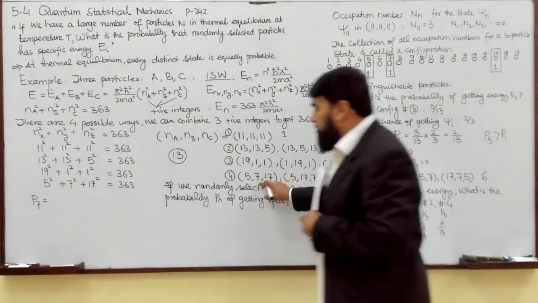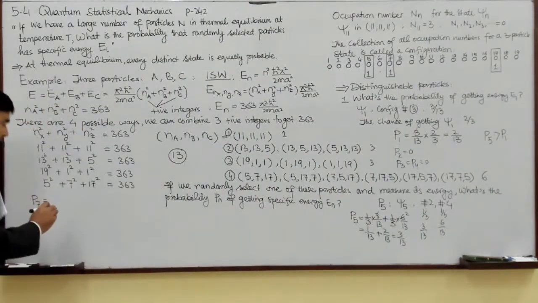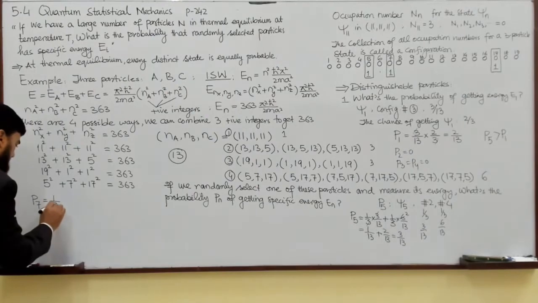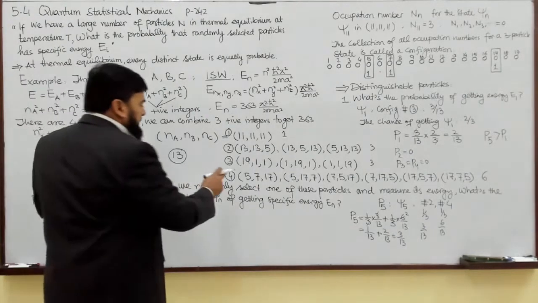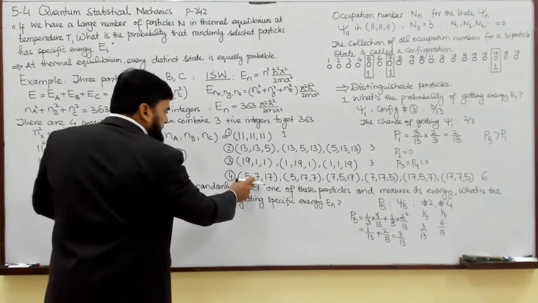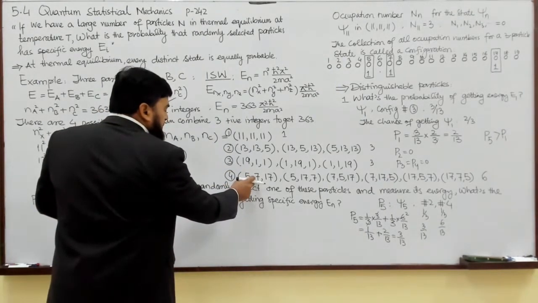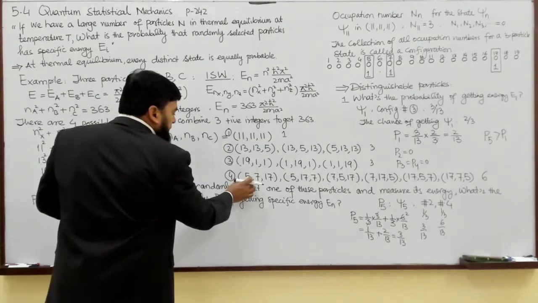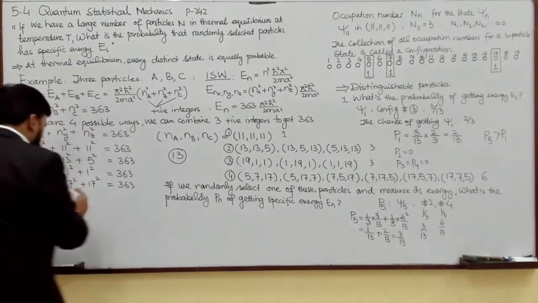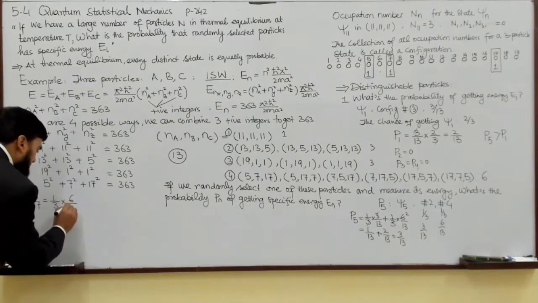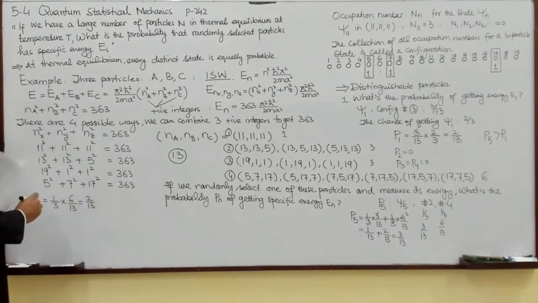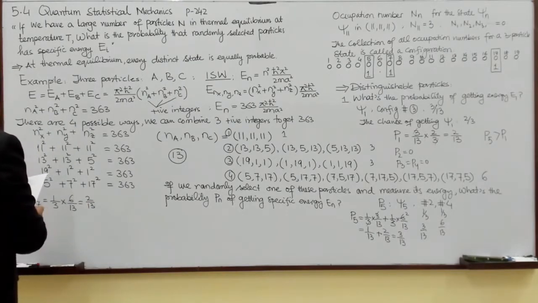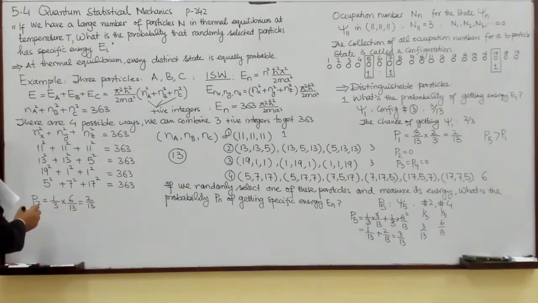So it is 1/3, and I write 1/3, and then multiply it. 7 is here only, so what is the chance of getting configuration number 4? It is 6/13. So 6/13, and I get 2/13 as the probability of getting 7. So P7 is 2/13.